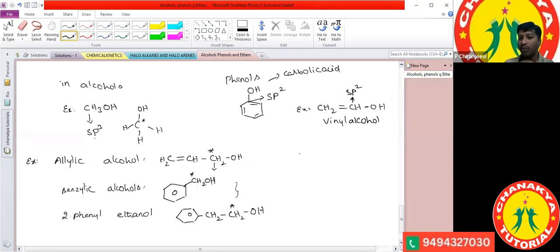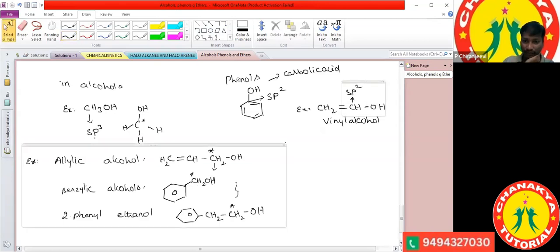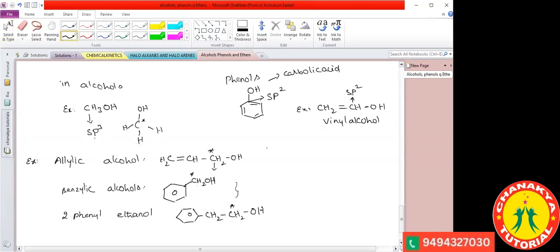And one more question. We have orthocresol, metacresol and paracresol, three of them. Do you have any idea about the structure of the cresol? In orthocresol, what is the hybridization of the carbon which is connected with the OH group? Could you draw the structure once?